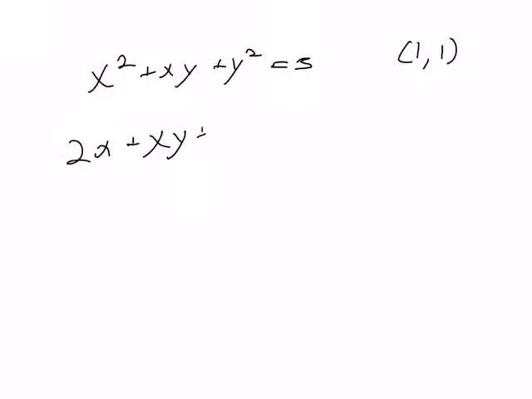We have x squared plus xy plus y squared is equal to 3, and we're looking at the point 1 comma 1. So we have 2x plus x y prime plus y plus 2y y prime is equal to 0.